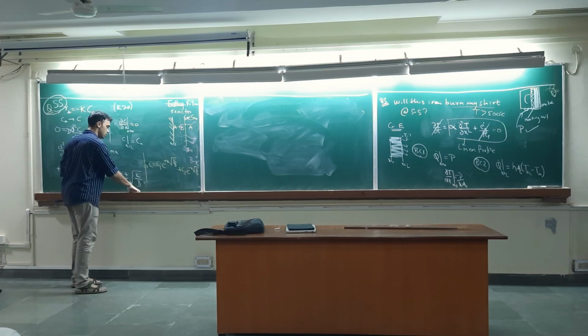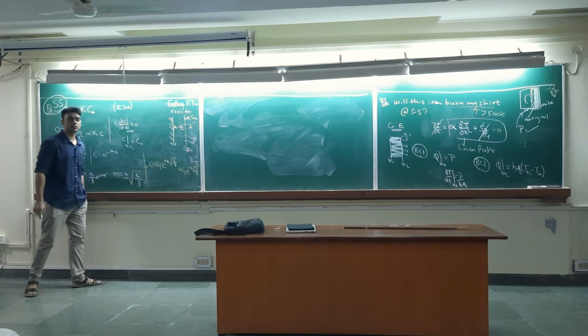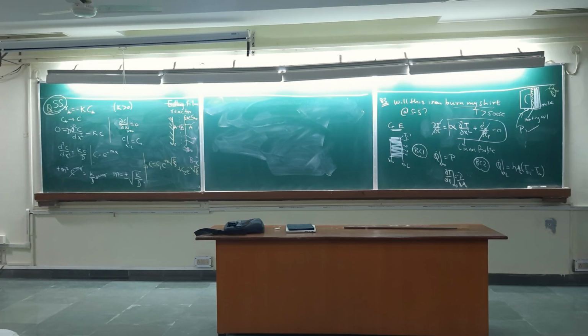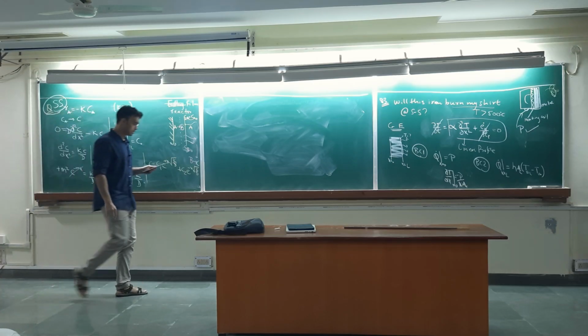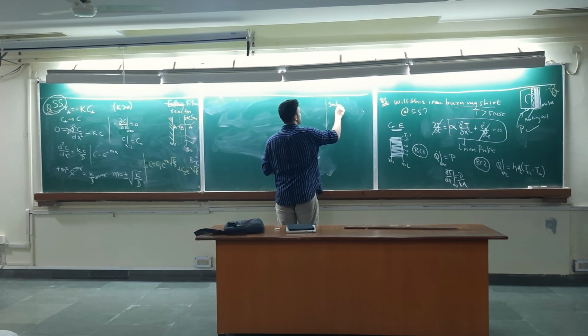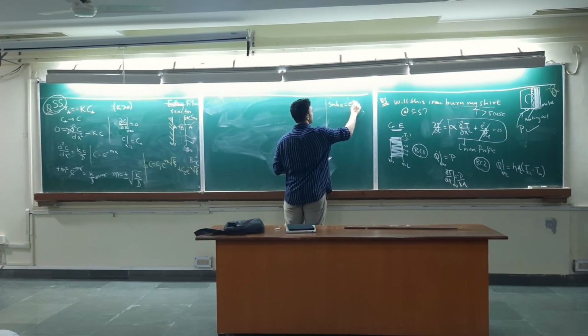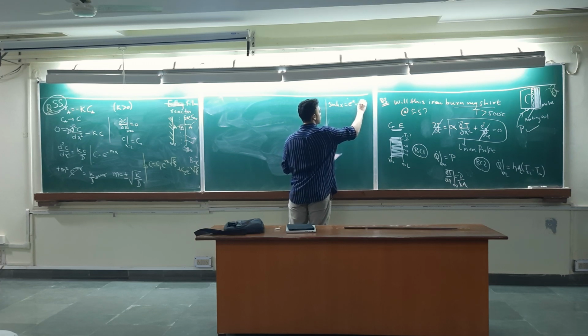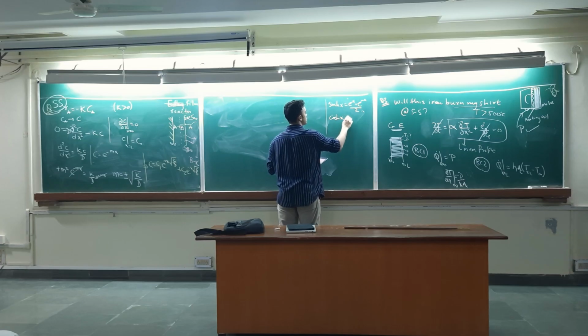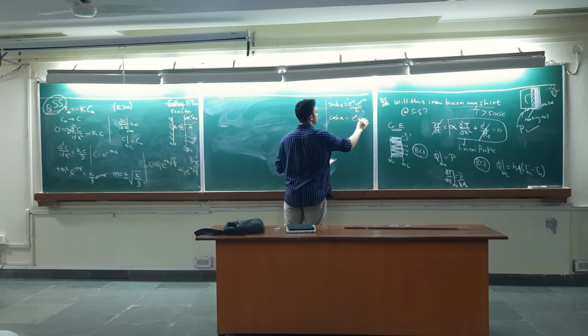Now, can I write this in sinh cosh terms? Hyperbolic form, just that it's more convenient. For those who don't remember, I'll just write it here. Sinh x is e to the power x minus e to the power minus x by 2. Cosh x is equal to e to the power x plus e to the power minus x by 2.